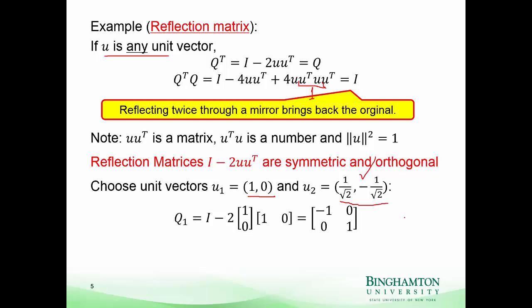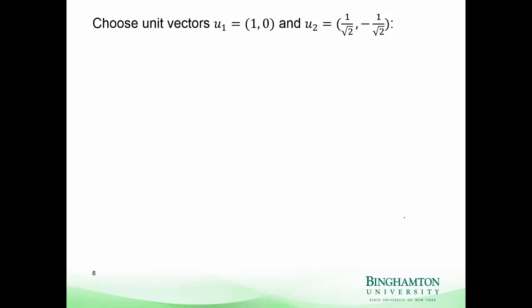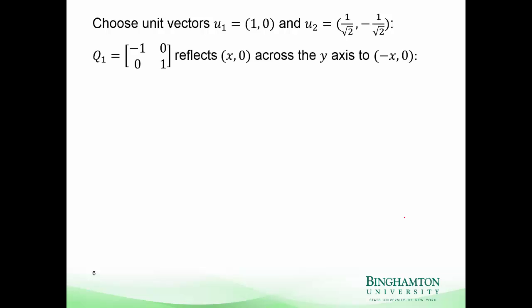So if we form Q1, we get something that looks like that. If we form Q2, we get something that looks like that. And here's a follow-up on that. Just reiterating the two vectors that we chose. This Q1 will reflect x0 across the y-axis to minus x0.